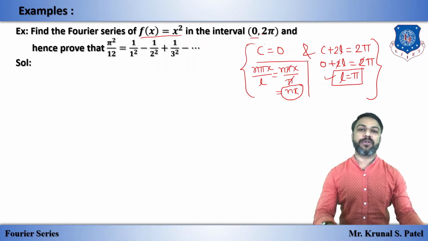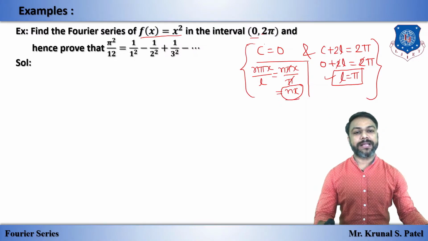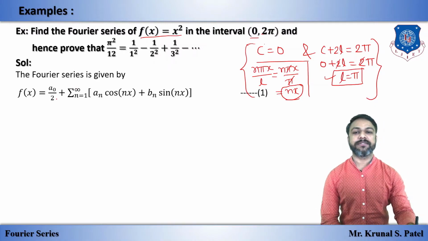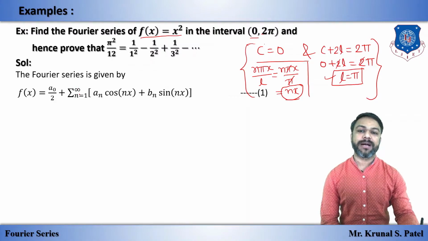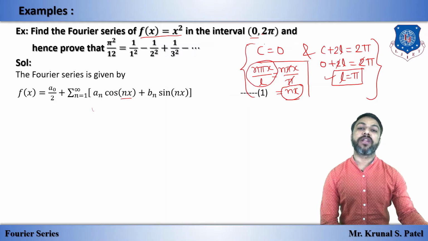In every example of Fourier series, find the value of L and the angle, then write the Fourier series: f of x is equal to a0 by 2 plus sigma n equal to 1 to infinity of an cos nx. Why nx? Because n pi x by L is our general angle.